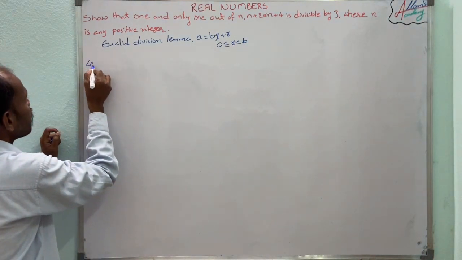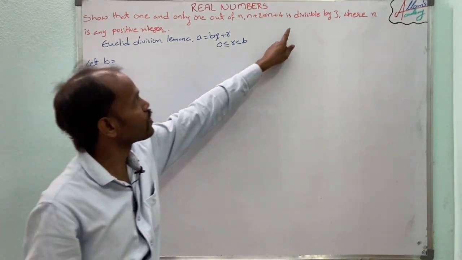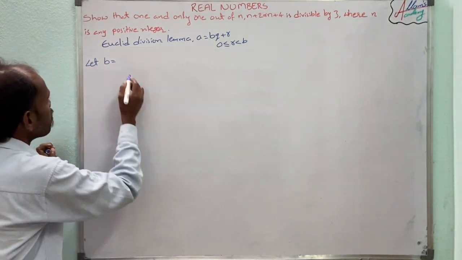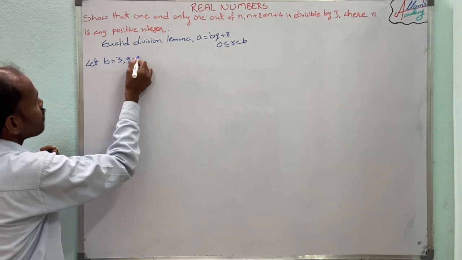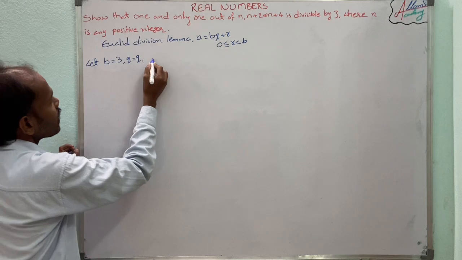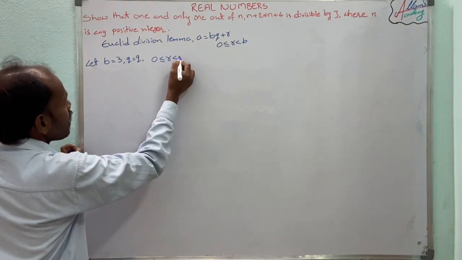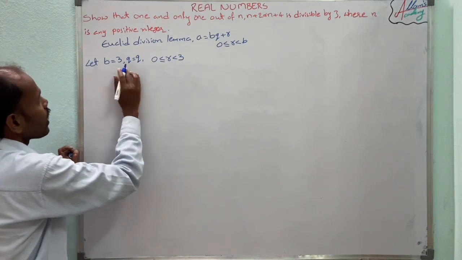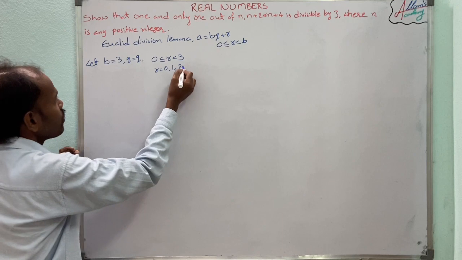Now let b equal to 3, since we want divisibility by 3, and q is q, then the remainder lies between 0 and 3. So the remainders are 0, 1 and 2.